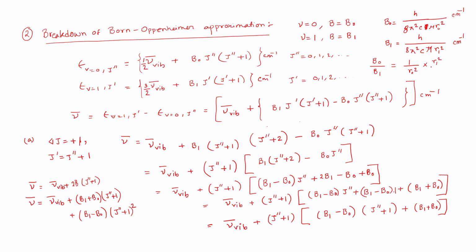So now you tell me which is bigger, B0 or B1? If you divide B0 by B1, the first term is 1 by R0 square and the second term is divided by 1 by R1 square. That is actually, you can multiply it with R1 square, right? So is it greater than 1 or less than 1?